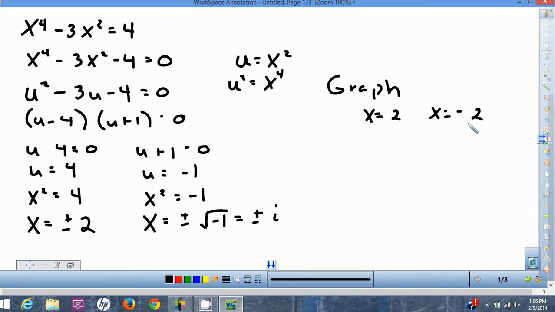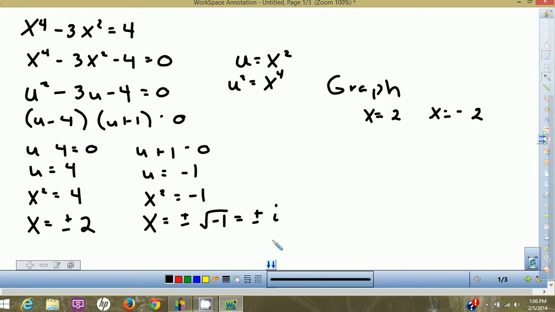If I only have 2 x-intercepts and they're not bouncing off the x-axis, which tells me they have a multiplicity of 2, then probably there are imaginary roots that do not appear upon the graph. And that was the case here. And just to reiterate, imaginary factors always have imaginary friends. I can't have plus i without having a minus i here. So the solutions to this are plus or minus 2 and plus or minus i.